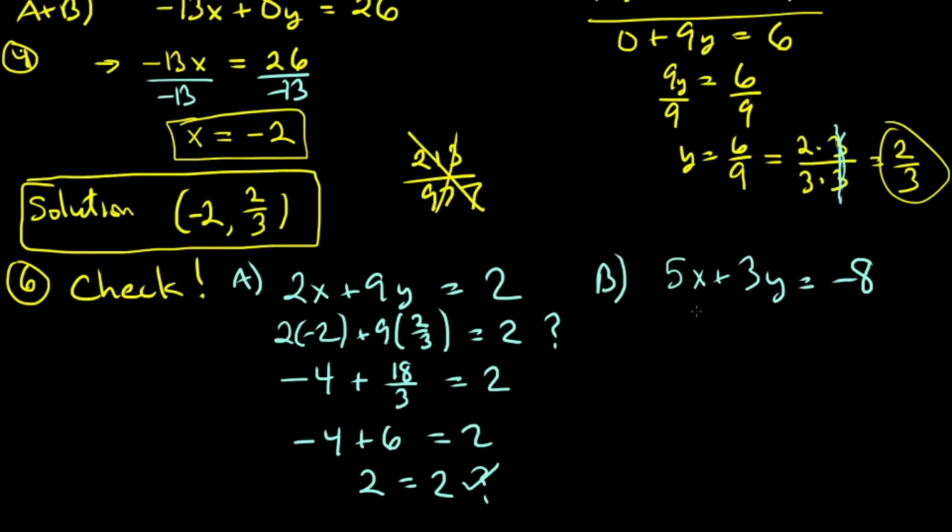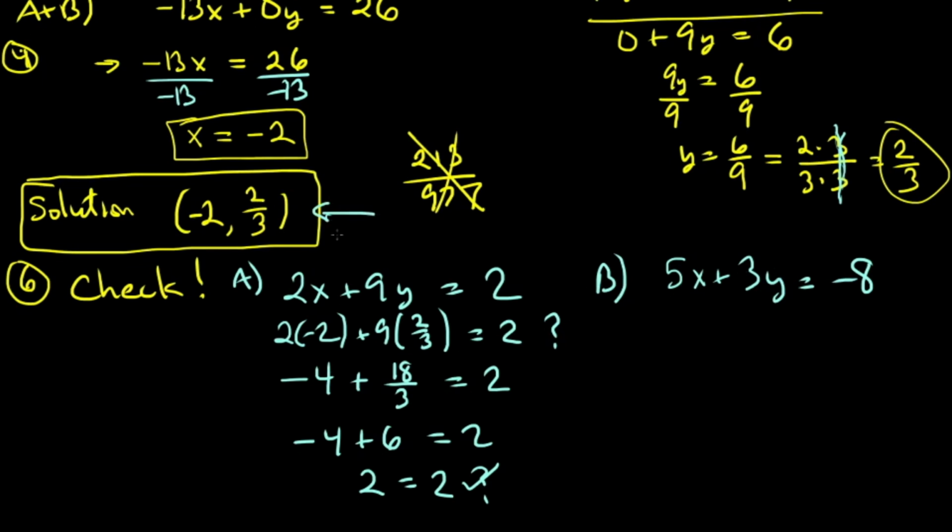Because look, here's the possibility that if you check equation A, it works. And if we check equation B, suppose we get 5 is equal to negative 6 or something crazy like that. Right? Then you probably did something wrong. So it's possible to work for one equation, but not both. If this is the correct solution, and it is, then both equation A and B should work.